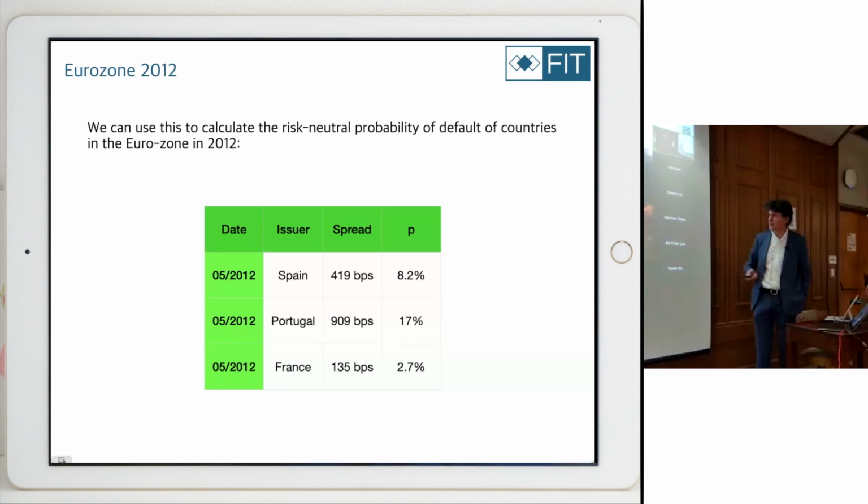France had a credit spread of 135 basis points, which, if you follow our formula, homemade, no Python, shows me a probability of default of 2.7%. It's not far from the truth. It's a very simple model. We're going to make it better, but I want you to appreciate this simple model, because intuitively it's going to be very, very strong. Calculationally, no, we'll make it better. But this is so simple.